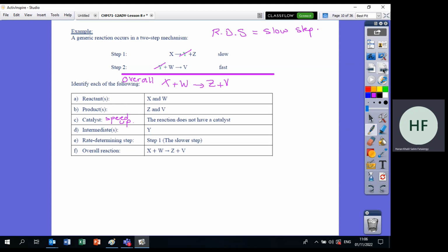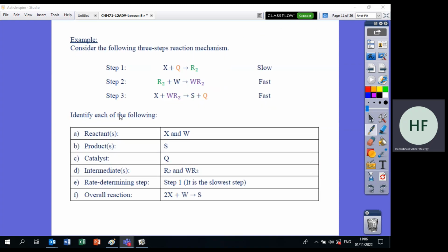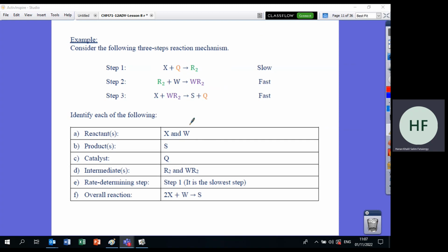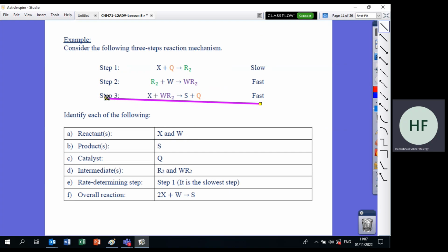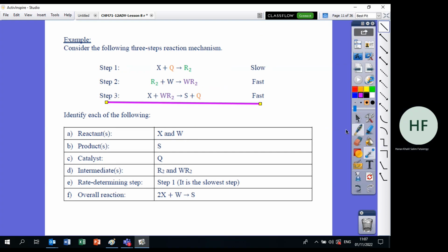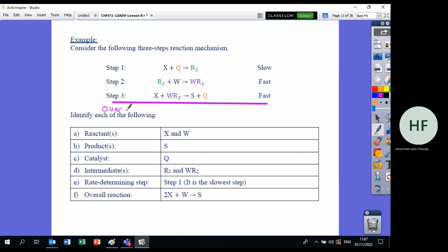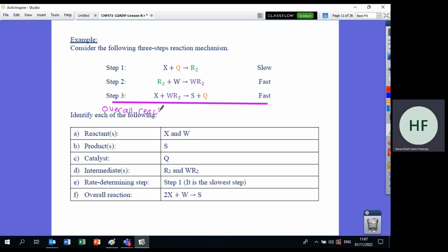Okay, now I'll give you one practice. You have this reaction. It takes place in 3 steps. First of all, I want you to put a line and write the overall reaction. We said we should cancel the similar things.